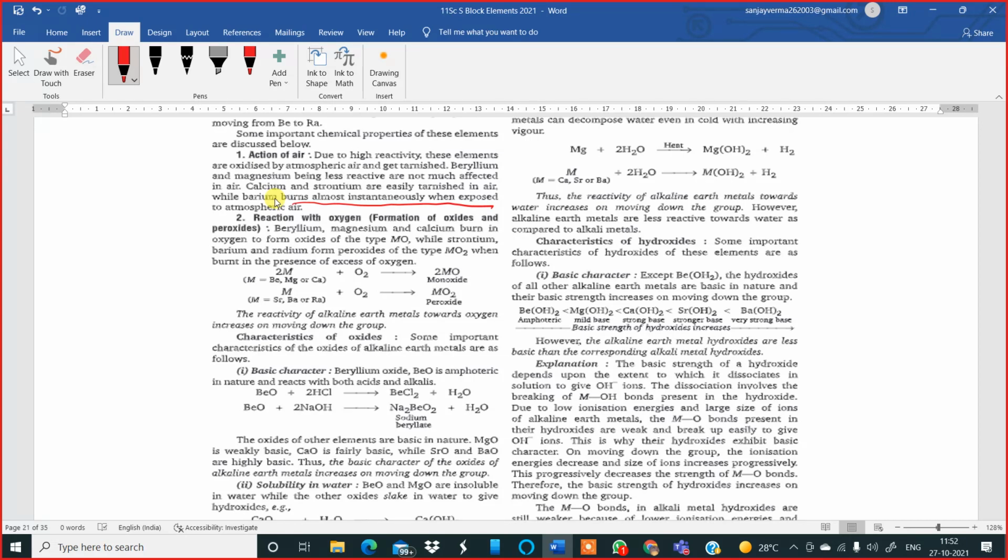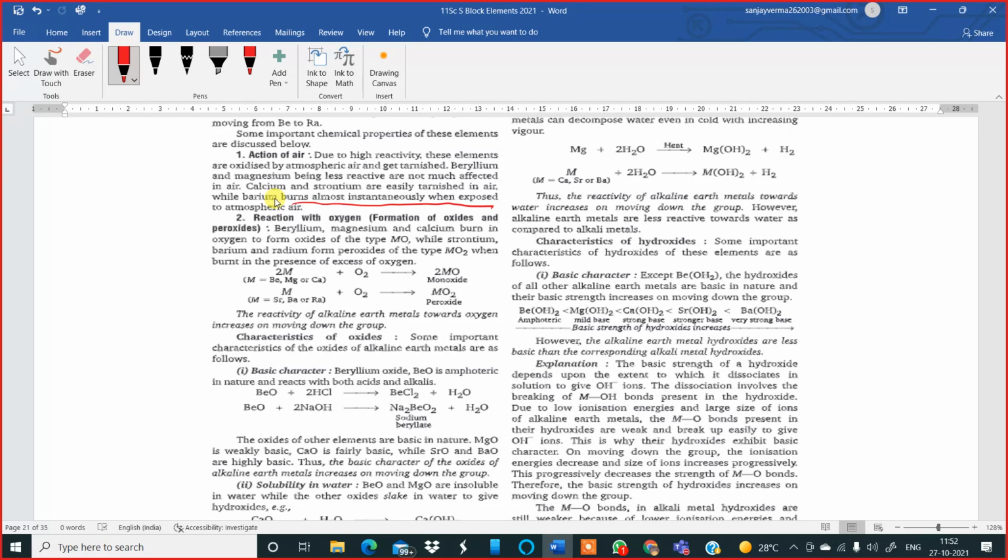In this action of air, what is important? Calcium and strontium are easily tarnished in air, while barium burns almost spontaneously when exposed to atmosphere. So you can understand how dangerous it is to expose barium.